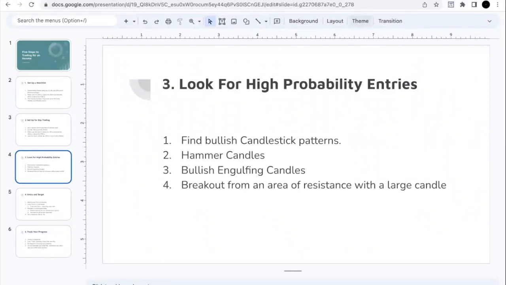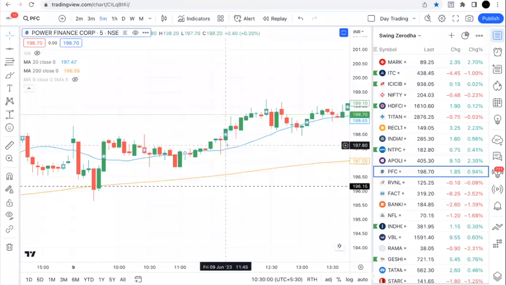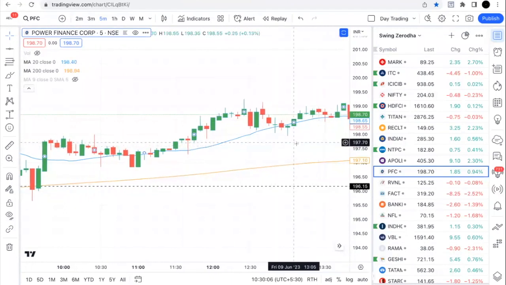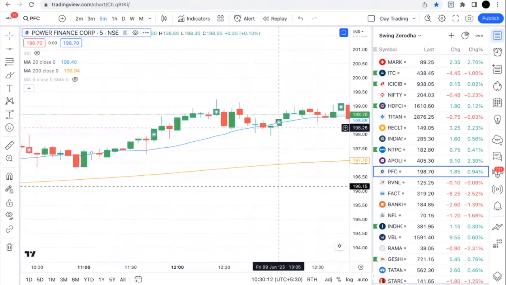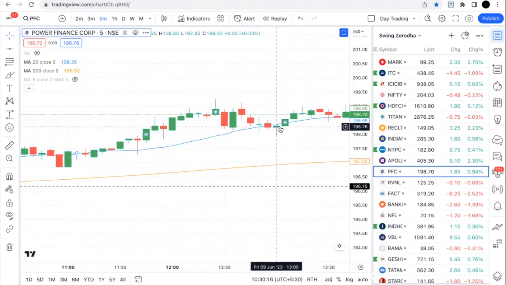Here's a hammer candle right there, hammer. And this is not a hammer because there's a huge wick on the top. You want it where there's either no wick or a very tiny wick, like this one here. It's a tiny wick, and that's also a bullish example. There it is.